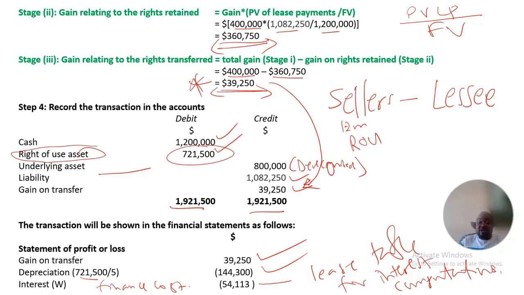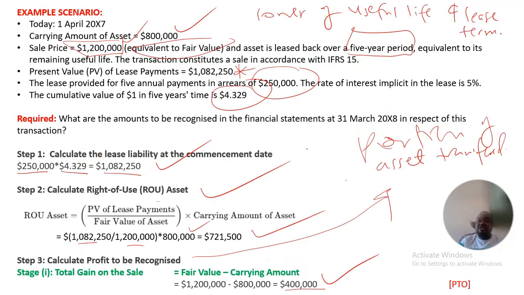Okay, in this particular question, what was the instruction? The annual payments are going to be made in arrears. So the behavior of your lease liability table is going to be determined by such a term, in arrears.